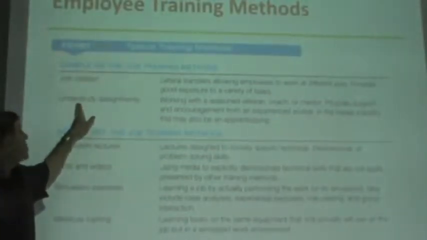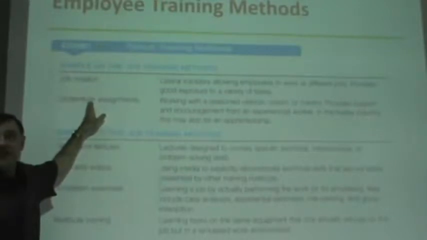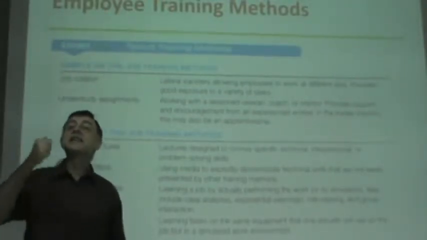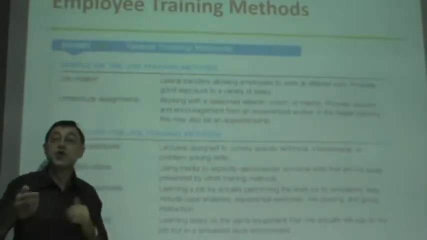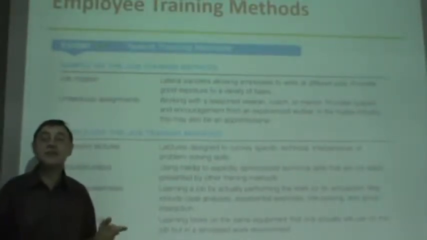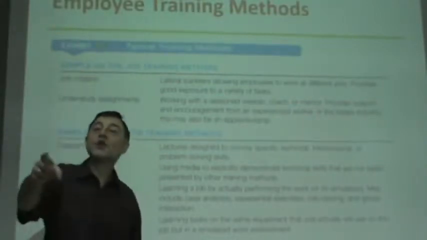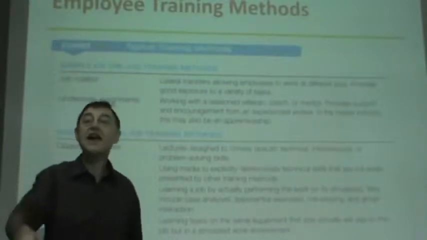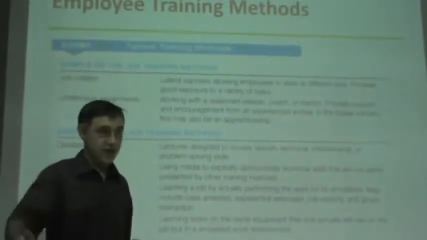The other one is called understudy assignment. In an understudy assignment, it's fairly straightforward. They attach you to someone who has knowledge and experience, and basically they say, hey, you work with this old guy who's been in the company for 30 years and he knows everything.